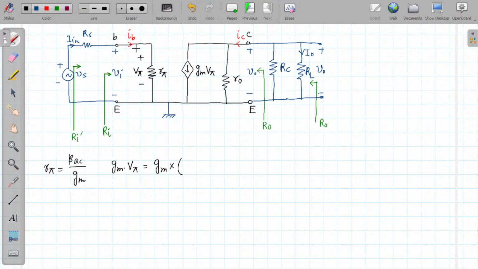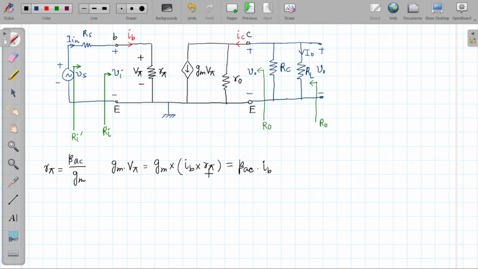That is IB into R pi. So GM into R pi is beta AC. So GM into V pi equals beta AC into the IB current. That means GM into V pi can be replaced by beta into IB.